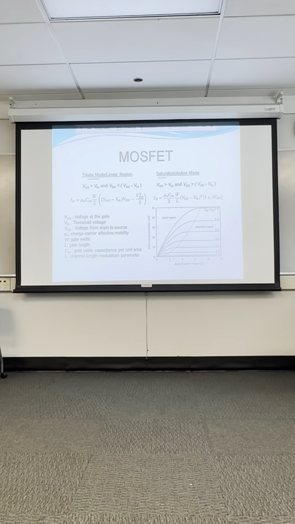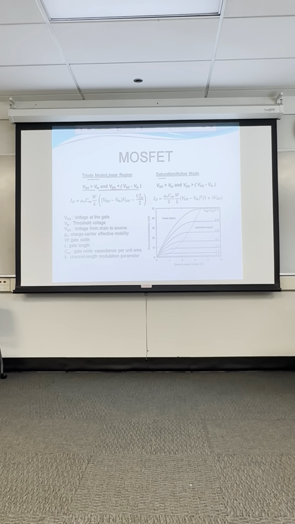So in triode mode, on your formula sheet, you definitely want to have several formulas so we can decide which mode the MOSFET is in. If the MOSFET is in triode, the gate to source must be greater than the threshold, and the drain to source is less than the gate to source minus the threshold voltage.